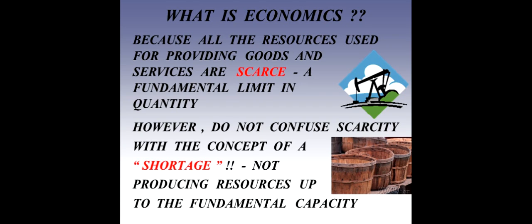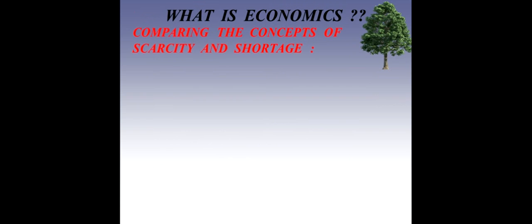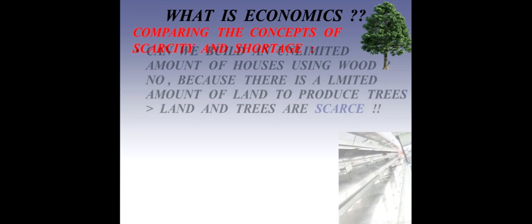We'll look at two examples here to illustrate the differences between scarcity and shortage. We'll use two scenarios to contrast the difference between the concepts of scarcity and shortage. And we'll start with scarcity. To start us off, I have a question for you.